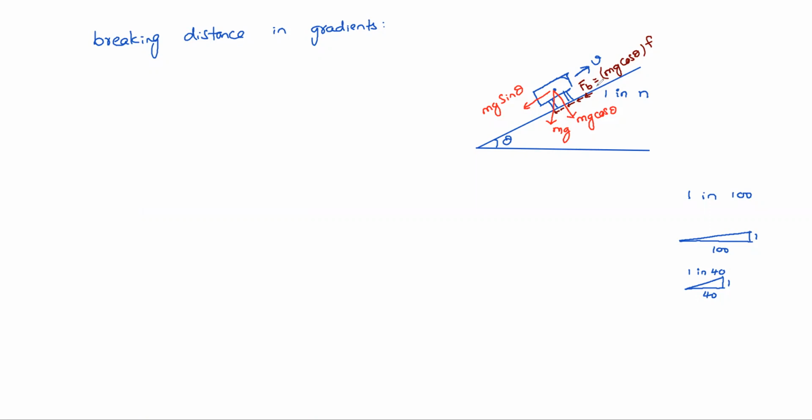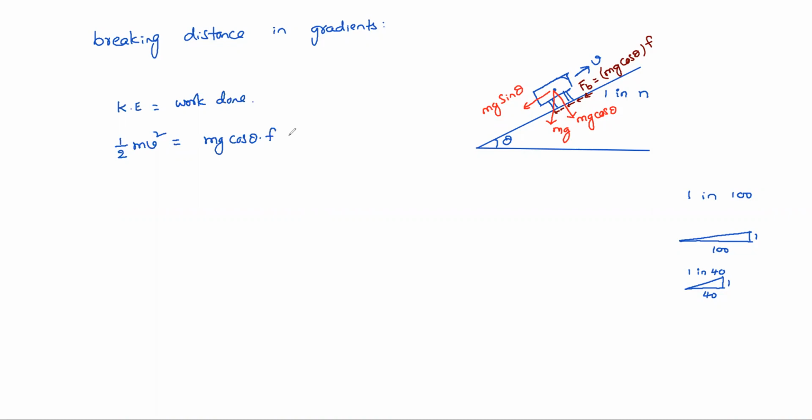So now, kinetic energy equals work done. Kinetic energy of the vehicle is half mv square. Work done is force into distance traveled, right? Force is mg cos theta into f, the frictional force.